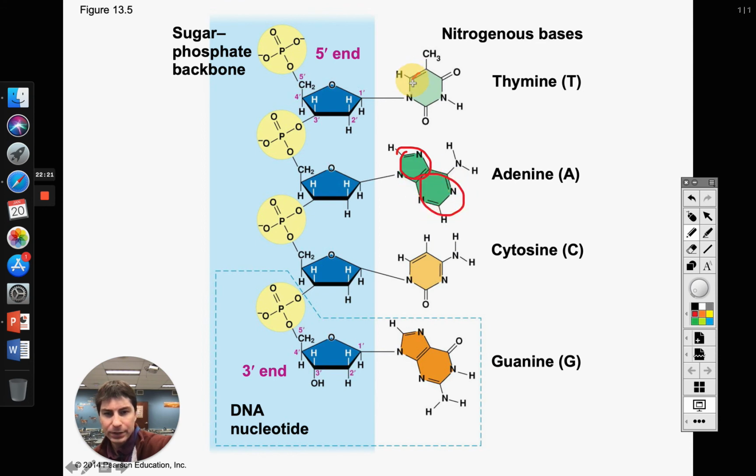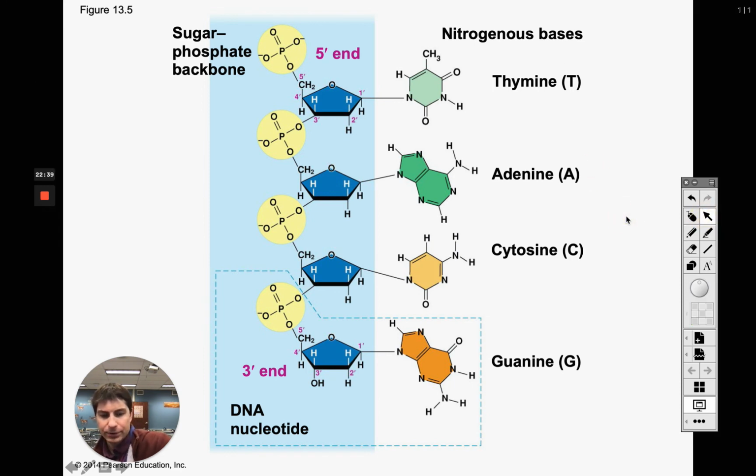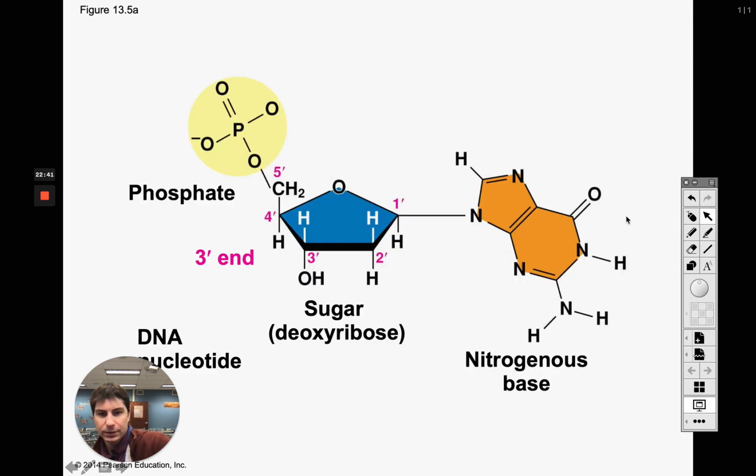Like I said, thymine only has 1 ring. Cytosine only has 1. And guanine, 2 rings. Okay? So that's one difference, is that A and G have 2 rings. C and T only have 1.